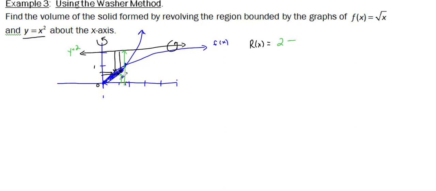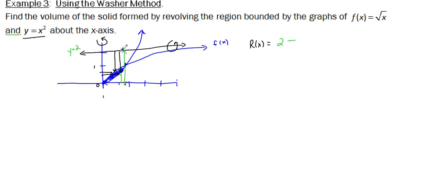Now this is a little confusing because you say it's top curve minus bottom curve. Well, it's big radius minus small radius, especially when the axis of revolution is above the area to be revolved.